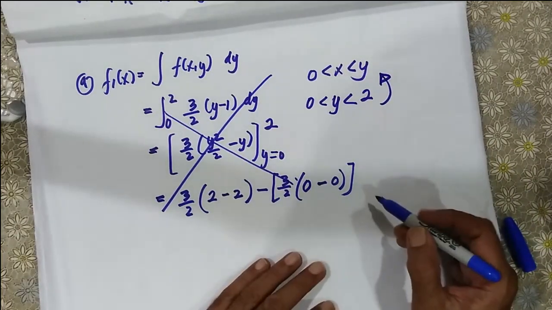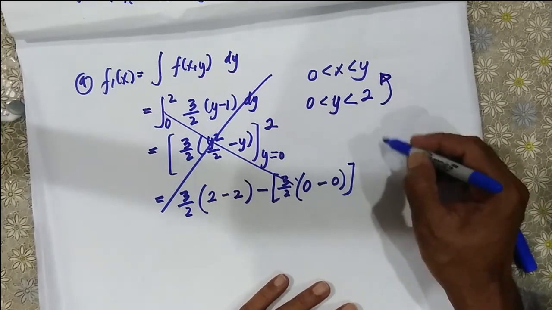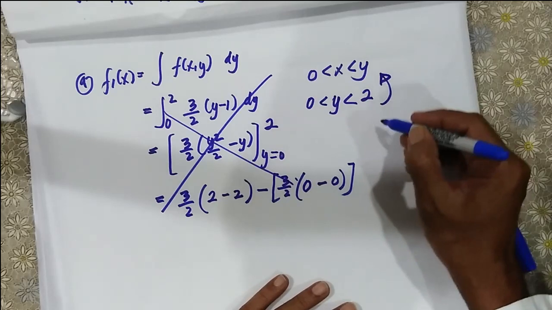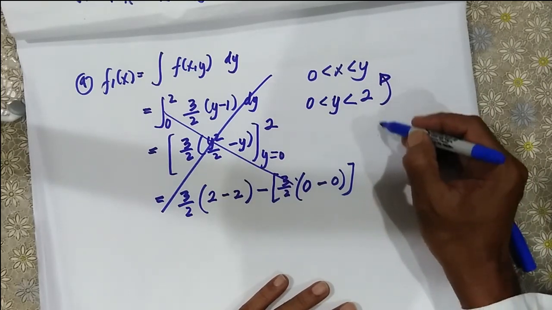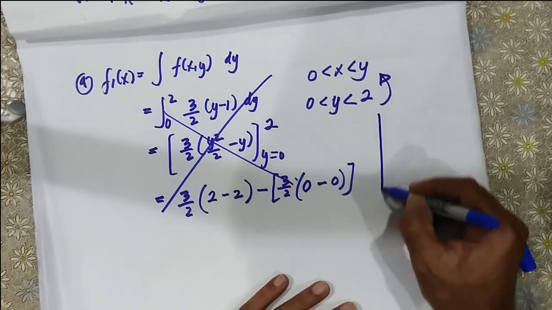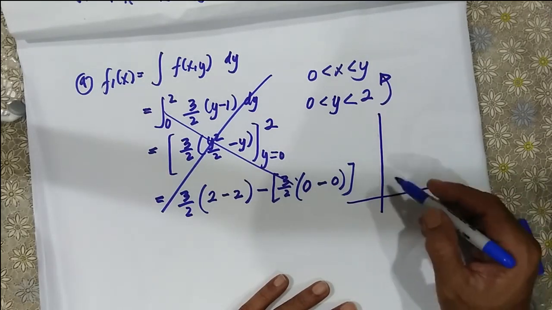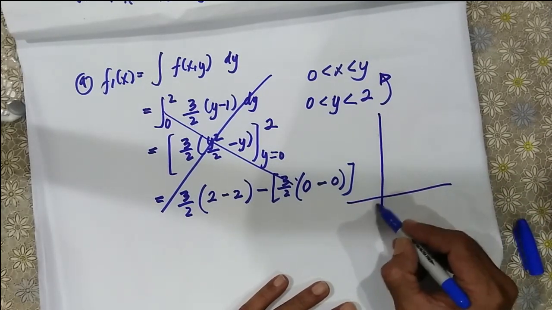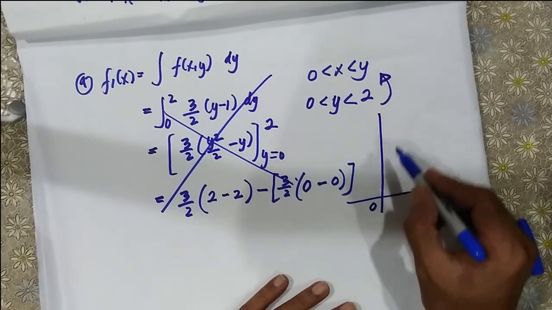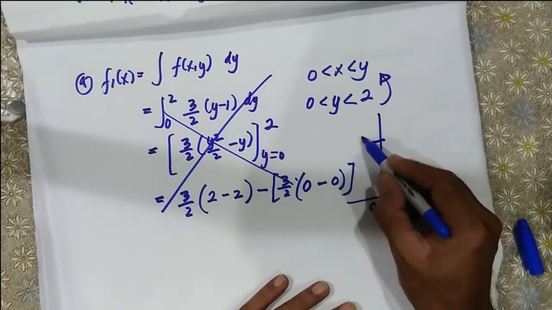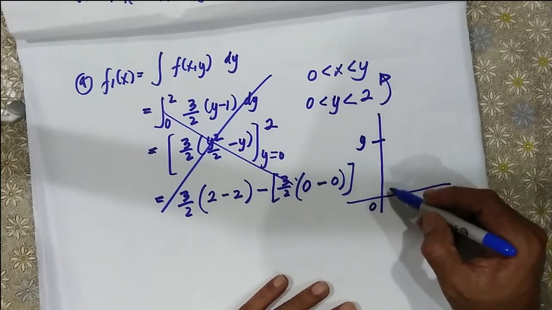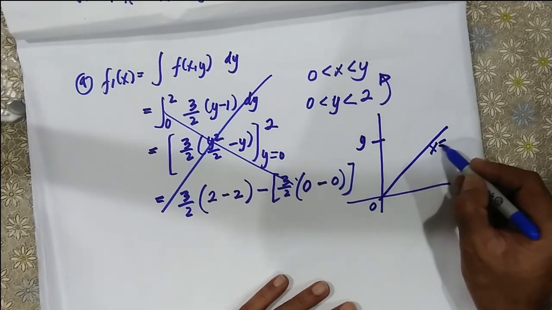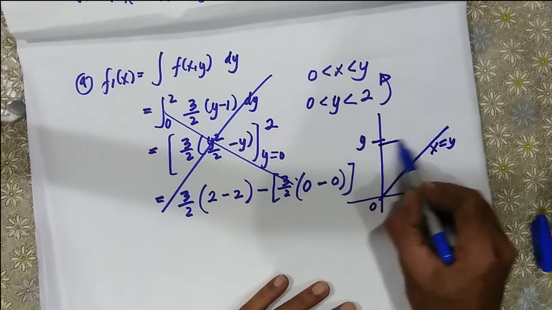So if you draw a curve here, how to solve this one? If you draw a curve, this is quite a tricky equation. I have y from 0 to 2, and the other one is x is equal to y. So our area is this part.